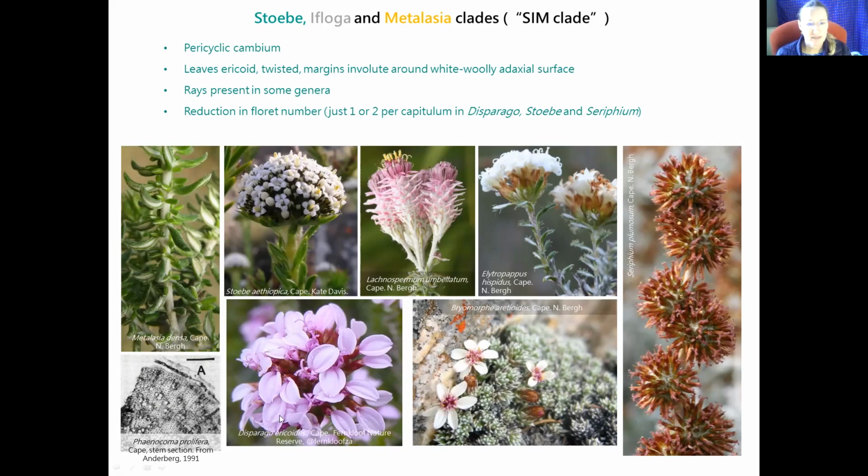Some genera have rays, as you can see here, and there's quite a strong reduction in floret number in some genera in this clade, to just 1 or 2 per capitulum in Disparago, Stoebe, and Seriphium.